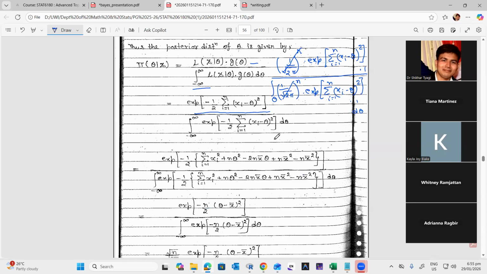Now what we will do is expand (xi minus theta) whole square and take the summation inside.